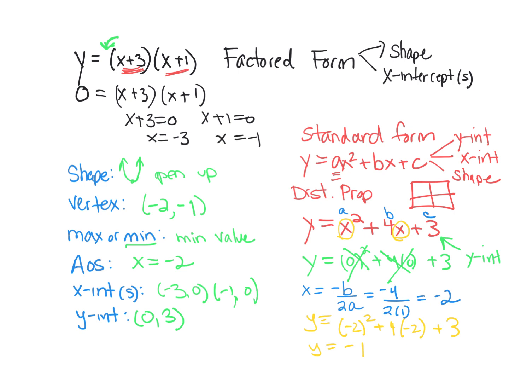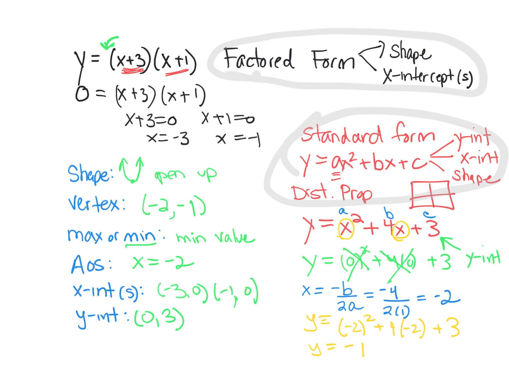So that's why we want to make sure that we know the different forms, because if we know those different forms, we can see that the factored form gives us the shape and the x-intercepts, and that the standard form is going to give us the y-intercept, and then I apologize here, I should have written that it will give us the vertex, and along with the vertex, the axis of symmetry.